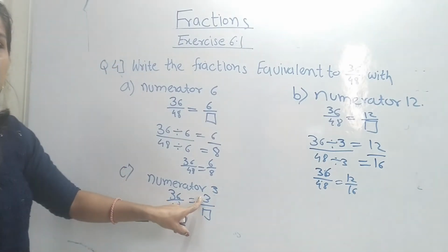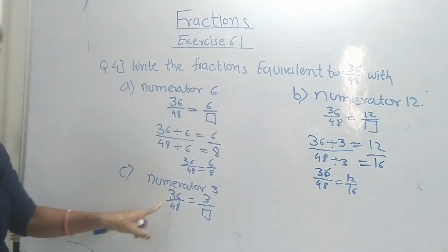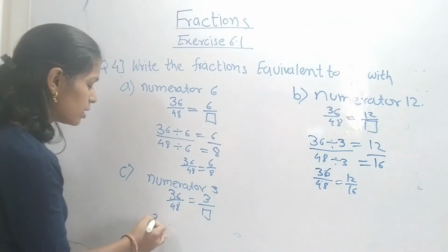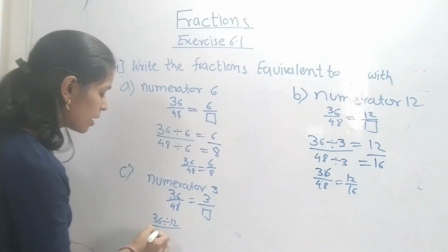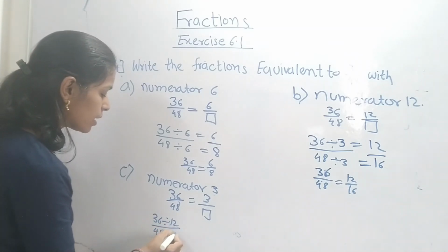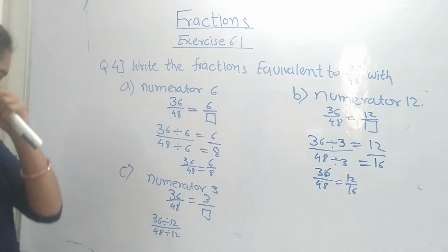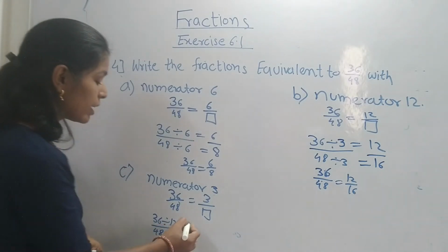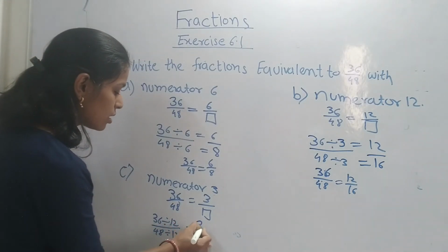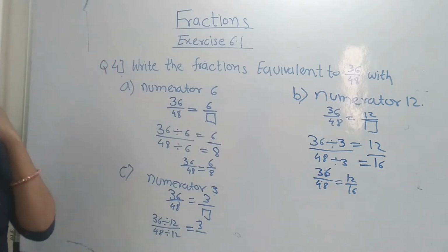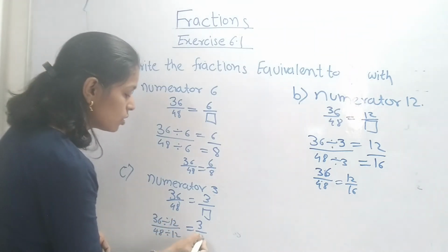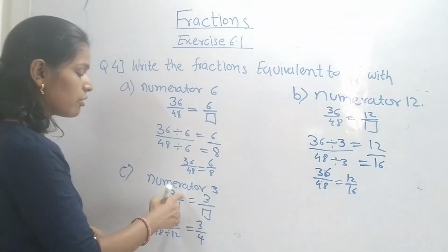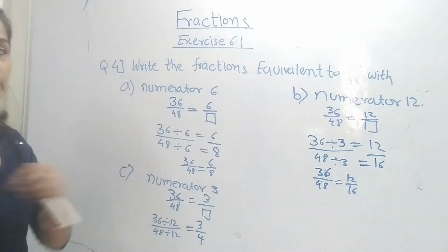We know that 12 3s are 36, so we will divide 36 by 12, and the denominator also by 12. 36 divided by 12 gives the answer 3, and 48 divided by 12 gives 4, as 12 4s are 48. So 3 by 4 is equivalent to 36 by 48 with the numerator 3.